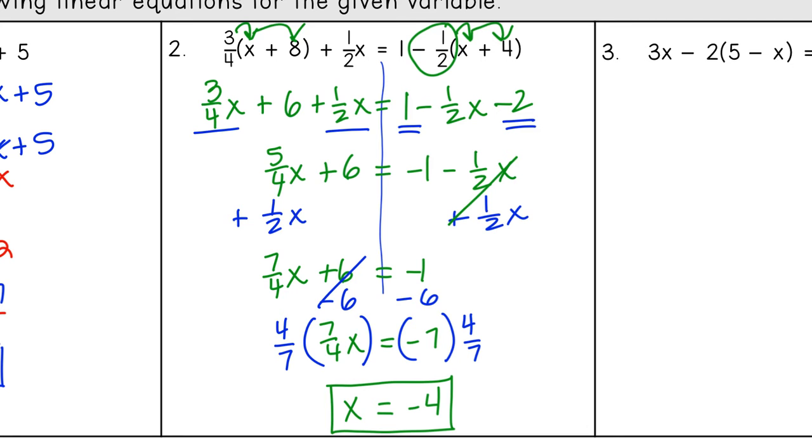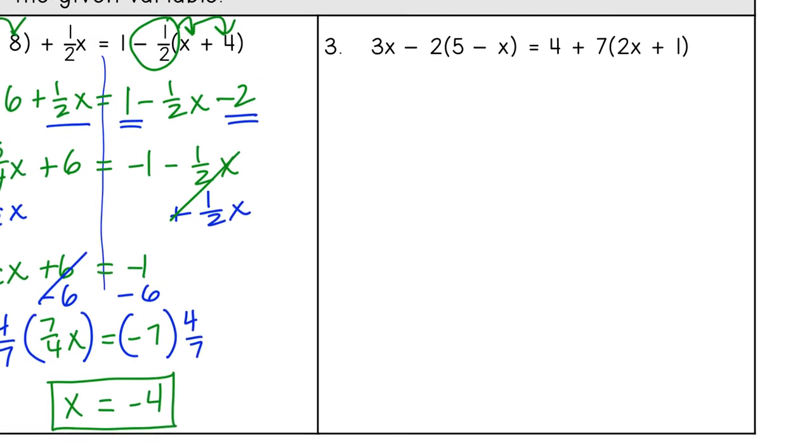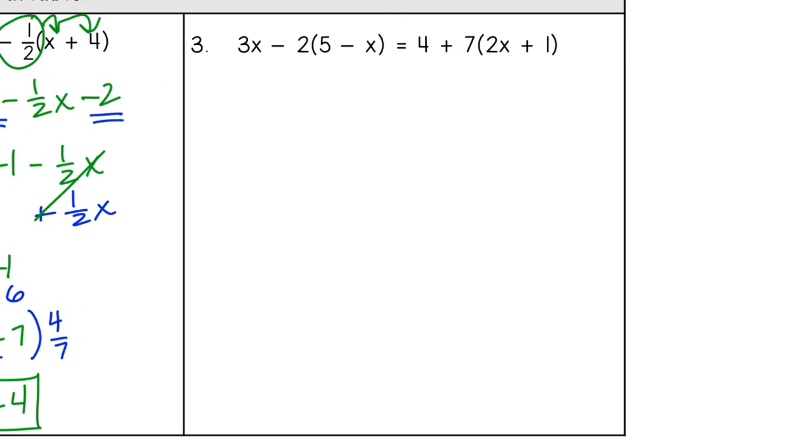Okay, and then let's do that third one. So same as before, I'm going to do a line where the equal sign is at. And now, let's see if we can distribute. So I have parentheses, so I'm definitely going to distribute, but only what's right in front.